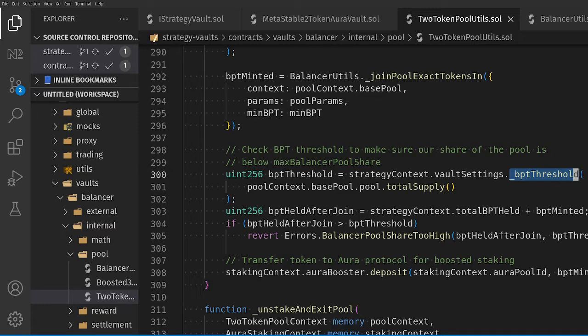So if we go above a certain threshold that's defined by our risk parameters, we will revert, and users can no longer join the pool through the vault. We'll take a look at emergency settlement, which allows us to reduce the BPT in the case that we do go over the threshold as well.